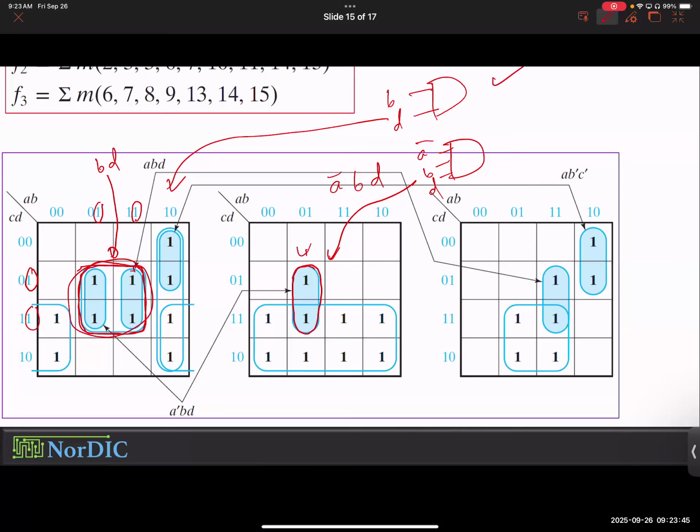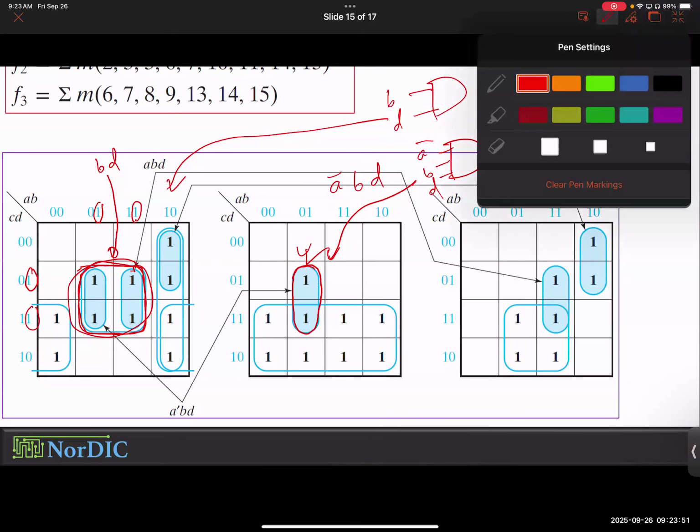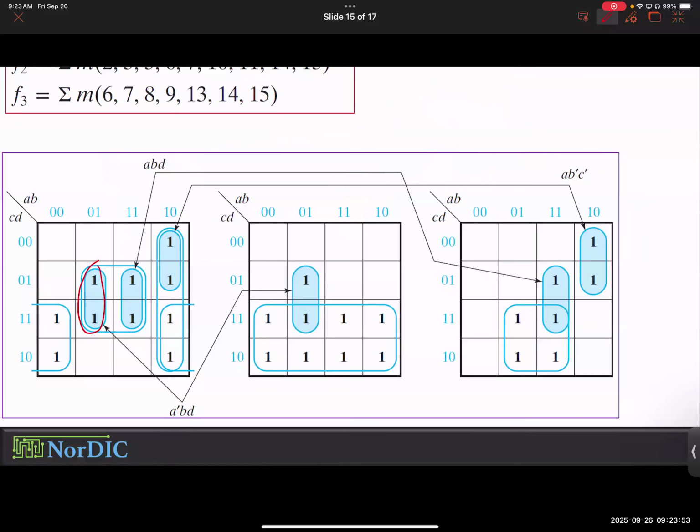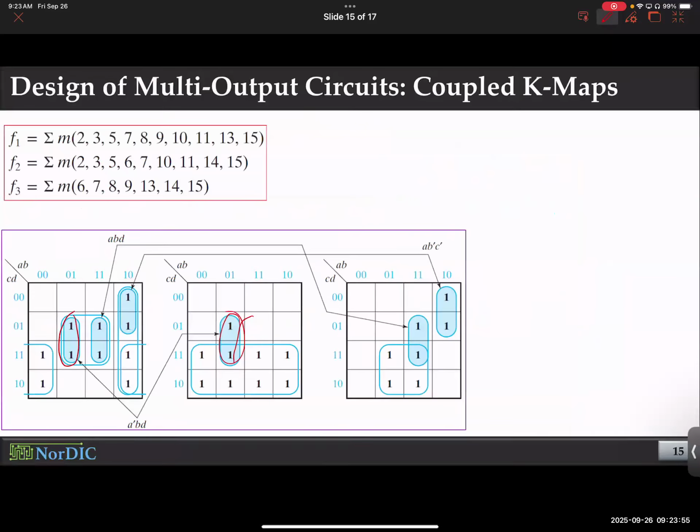To incorporate the other group, you need another logic gate. So you need 2 logic gates already. However, if I could share these ones together, A prime B D, you would have used one of the logic gates, which is A prime B D, and cater to the needs of both of them. You see my point there? So you reduce the logic gate.